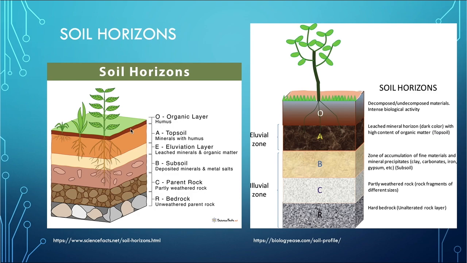But from the top, of course, we've got plants growing and microbial life happening and all other processes, and moisture coming in, and air, and organisms moving in and throughout the soil, and basically creating that humic layer, organic layer, and that travels down with roots, organisms, and moisture through to the topsoil. And then also the alluviation layer is where leached minerals and organic matter is deposited further down the soil as well, creating the subsoil. And of course this is working hand in hand from below and from above.